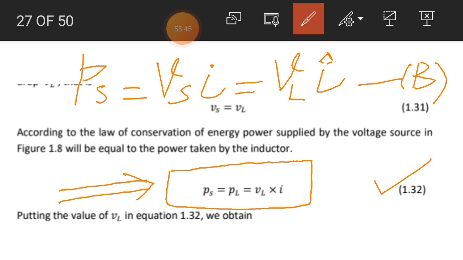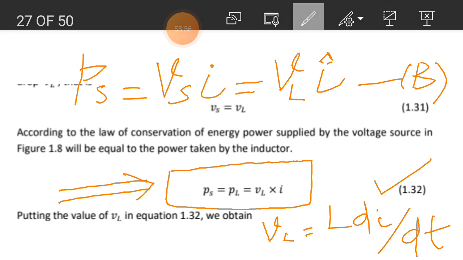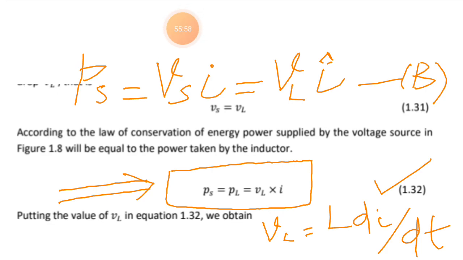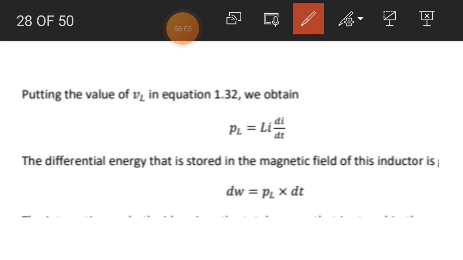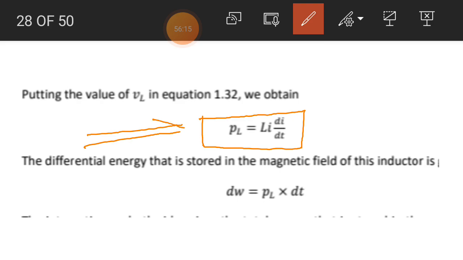And we put the value of VL in equation number 32, because VL is equal to L di by dt. If we put the value of VL in this equation, the power taken by the inductor will be equal to L i into di by dt.